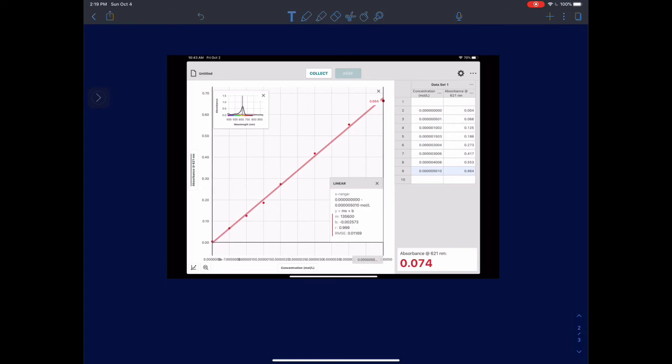This trend line will be accompanied by an equation and a slope value. You can use this equation and slope value data to help you calculate the concentration of your unknown solution given its absorbance.